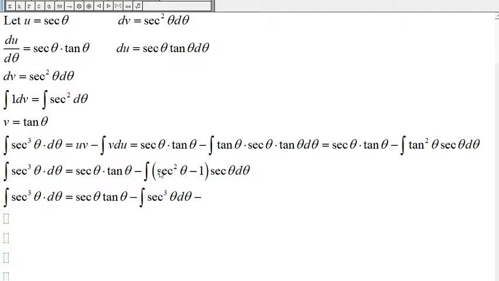But here we have a minus, and minus becomes a plus. Again, secant squared times secant is secant to the third. Secant times minus 1 is minus secant, but we have a minus right here. Minus and minus makes it plus.